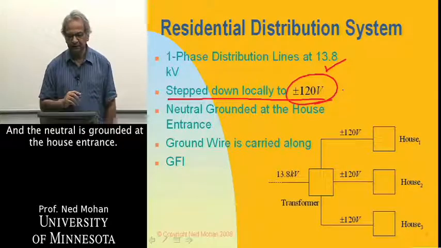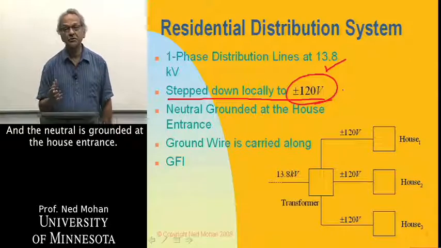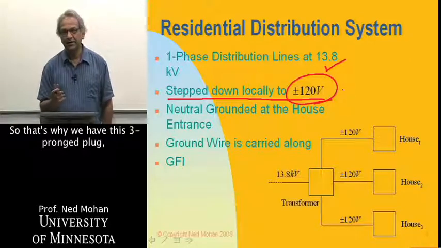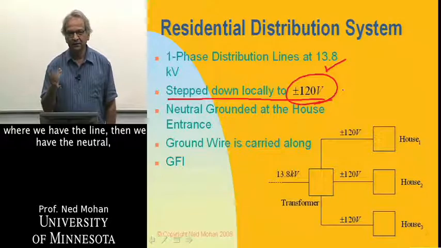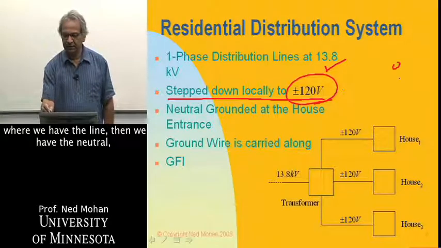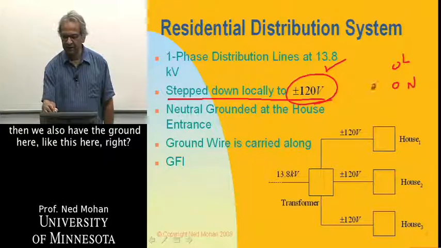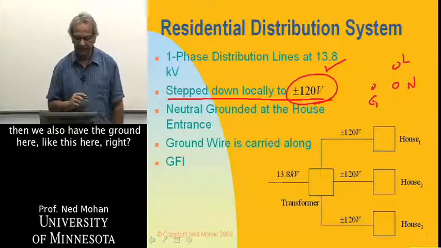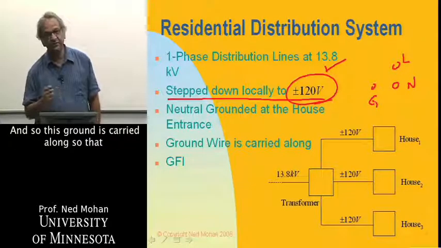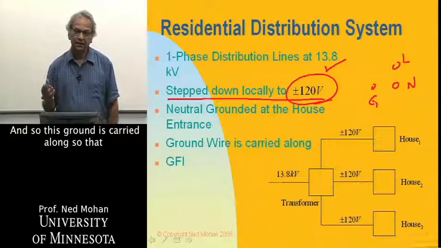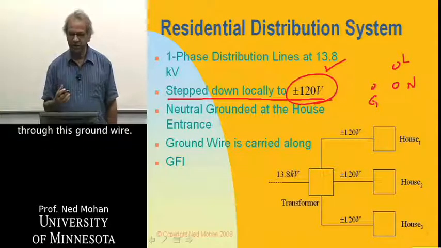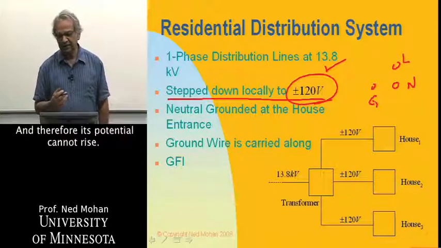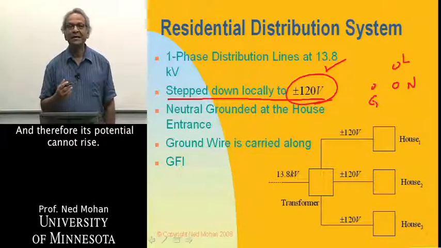And the neutral is grounded at the house entrance. So that's why we have this 3-prong plug where we have the line, then we have the neutral, and then we also have the ground here, right? And so this ground is carried along so that, under normal conditions, no current flows through this ground wire. And therefore, its potential cannot rise.